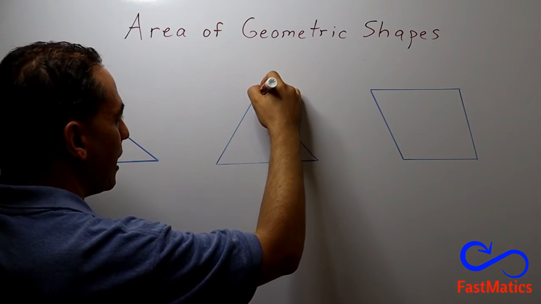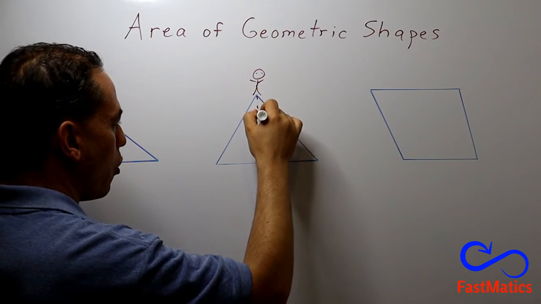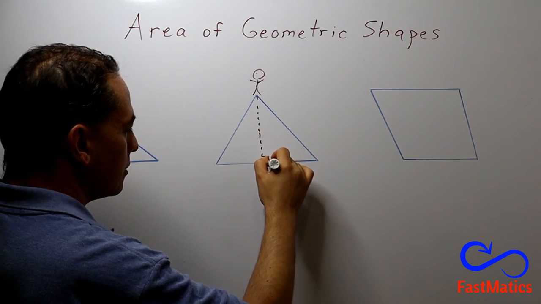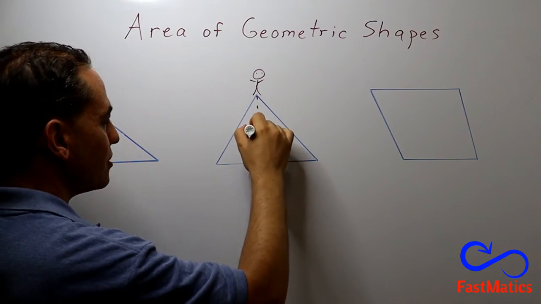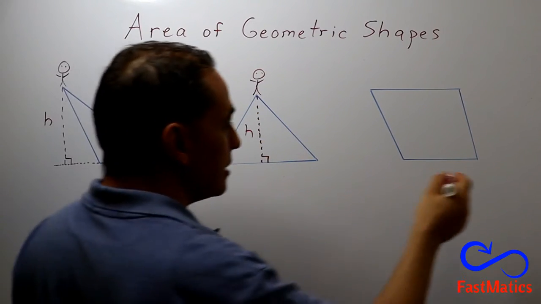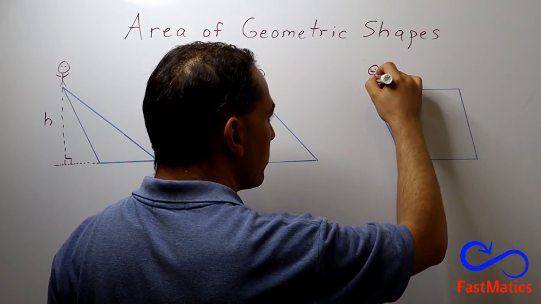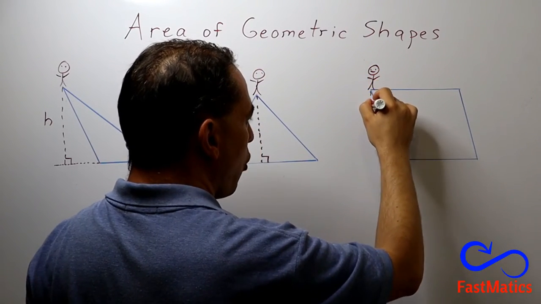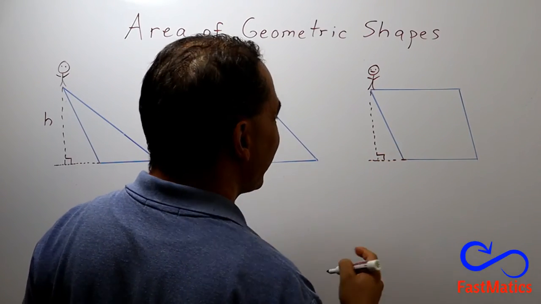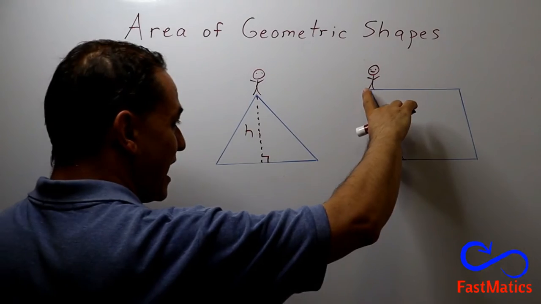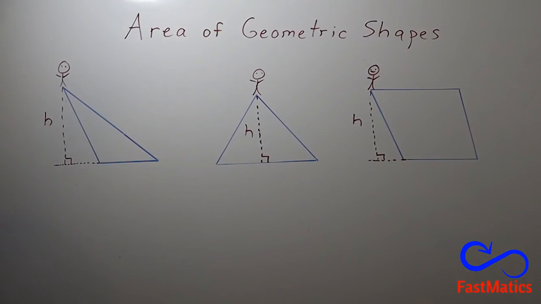Here I climb the triangle, I throw a rope, and here, forming 90 degrees with the floor, we will have the height of the triangle. And here I climb this regular shape, and I throw a rope, and here with the ground I will have 90 degrees. The length of the rope is the height of the shape.